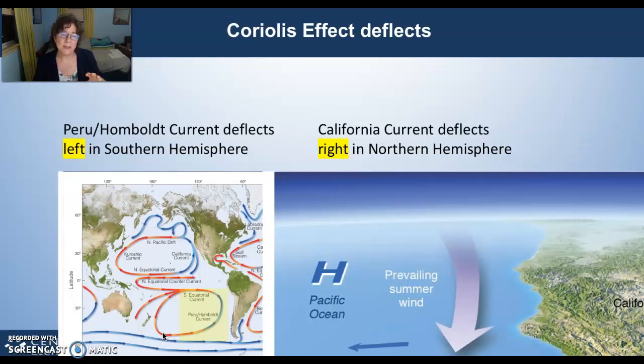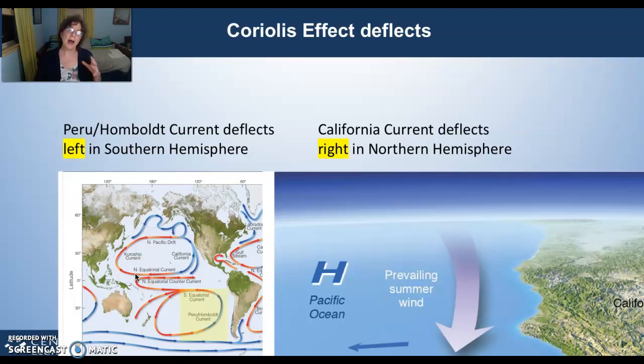When it comes to the Peru-Humboldt current in the southern hemisphere, this current will also head from the polar regions around Antarctica toward the equator. So it is heading from the south to the north, but it is the same kind of cold current as the California current. And as it heads in that direction, it is going to deflect to the left because it is in the southern hemisphere.